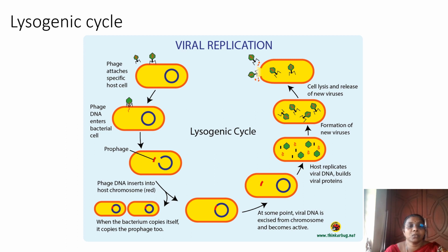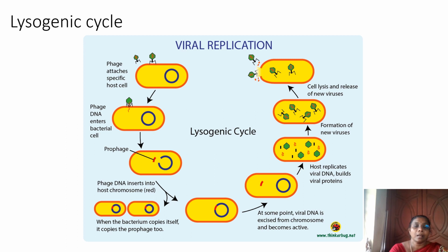Coming to the lysogenic cycle, here the bacterial cell wall is not lysed, and so it is called the lysogenic cycle. In the first step, the phage gets attached to the host bacterial cell. It injects its genome into the bacterial cell. Then after the entry of the prophage, that is the viral genome, it gets integrated with the bacterial genome.